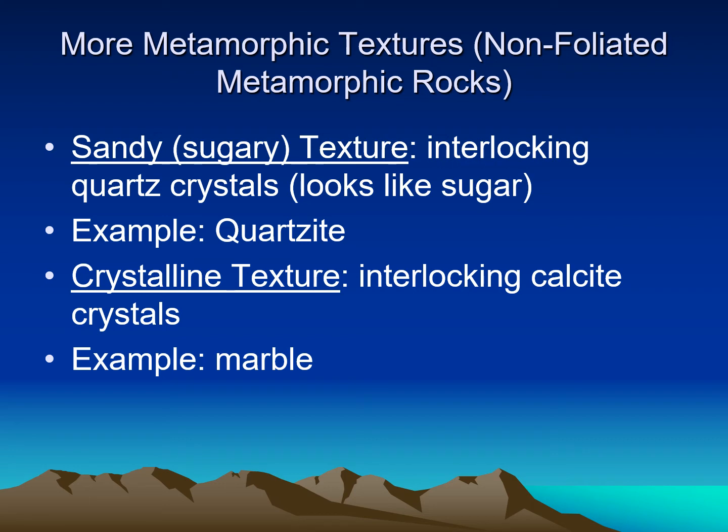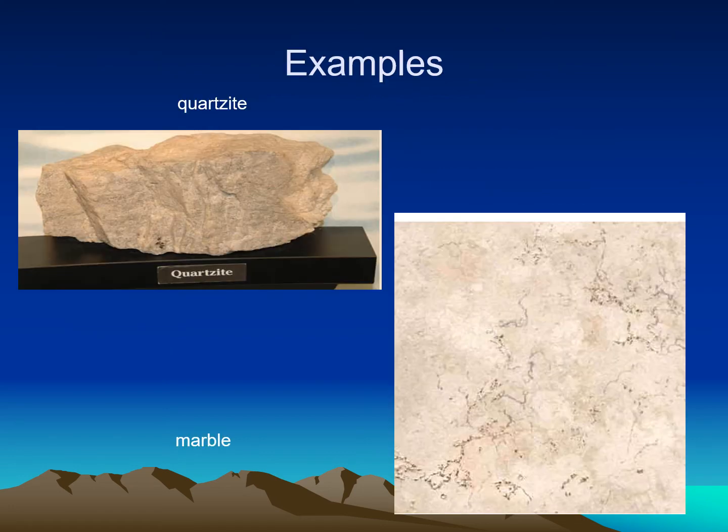But these rocks are not only recrystallized, they also generally are not subjected to differential stress. So there's not going to be any pattern to the minerals here. So they are non-foliated metamorphic rocks. Here we're looking at quartzites in some museum up in the top left, and then a slab of marble in the bottom right.